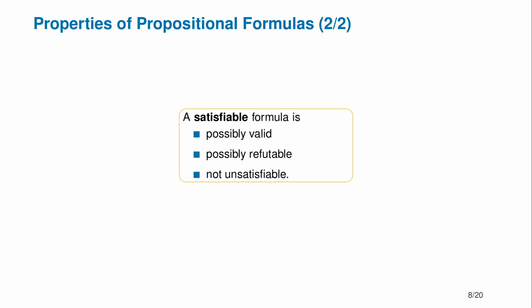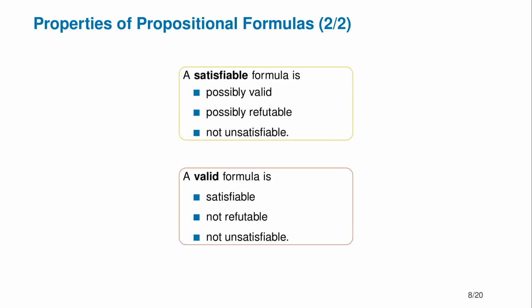A satisfiable formula is possibly valid, but it can also have a counter model, so it's not necessarily valid. It's possibly refutable, and it's obviously not unsatisfiable. A valid formula is definitely satisfiable, it's not refutable, and it's not unsatisfiable.